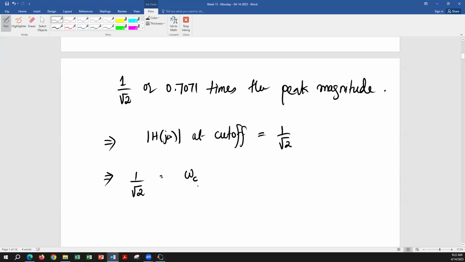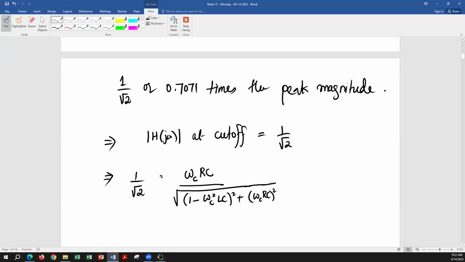I'm going to call omega c the cutoff frequency, and then there will be two cutoff frequencies, of course, since this will be a quadratic equation. So I'm going to assign one as omega c low, the low side, and the other one as omega c high or omega c upper. So omega c RC over square root of 1 minus omega c square LC square plus omega c RC square.